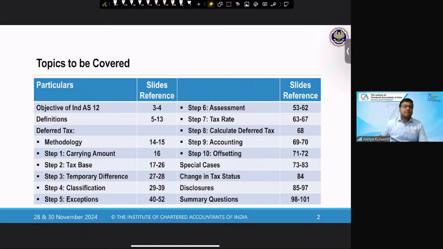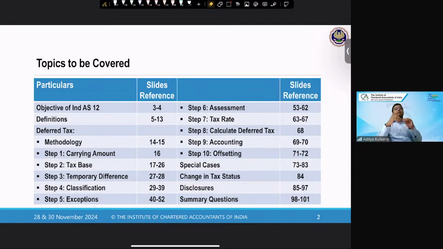Okay. So now what happens is a reader of financial statements will look at the accounting profit. He will look at the tax provision that you have made, and he will try to correlate it with the rates of tax that are currently in force. And this correlation will not match because the manner in which the taxable income is computed is different from the accounting profit.